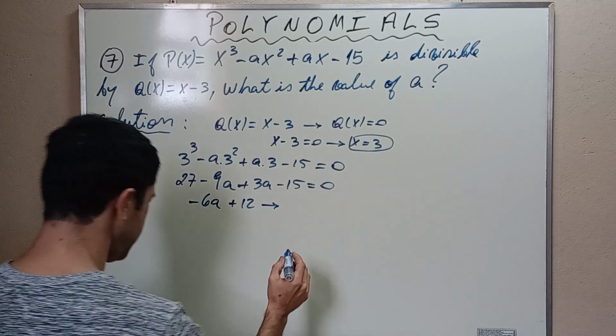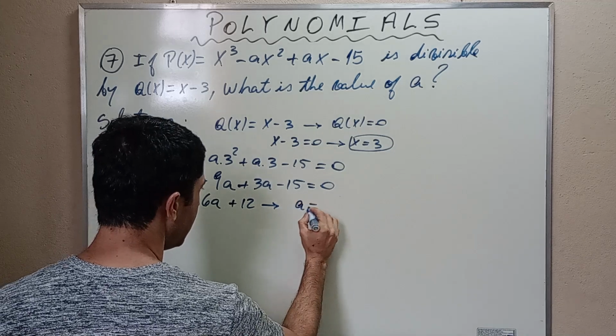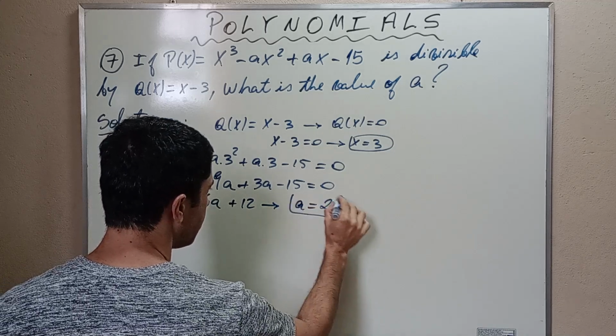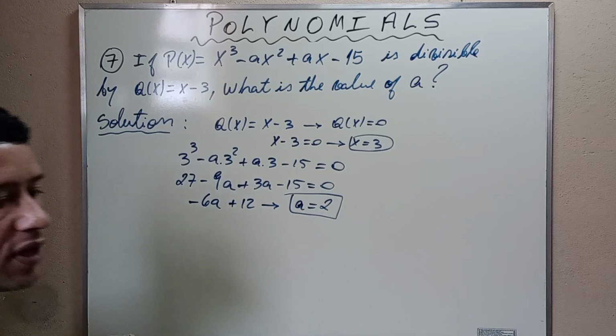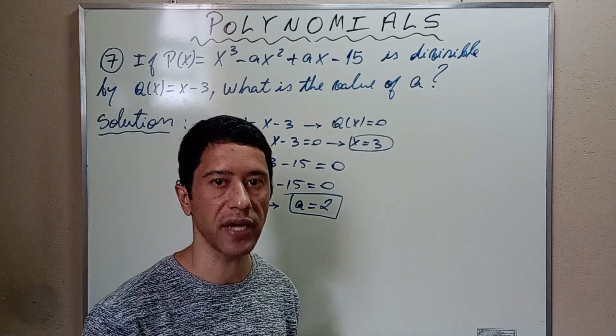As a consequence, A is equal to 2. And this is precisely what the exercise wanted us to calculate. Okay? Alright, my friends, this is all for exercise number 7. Let's go to the next.